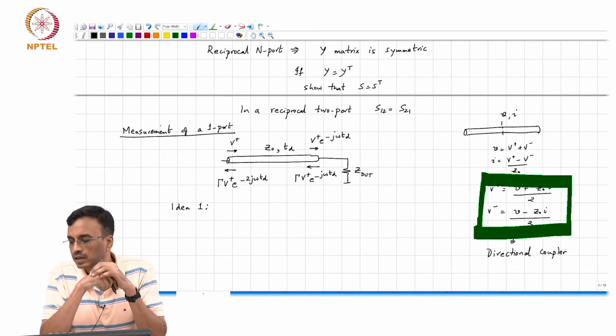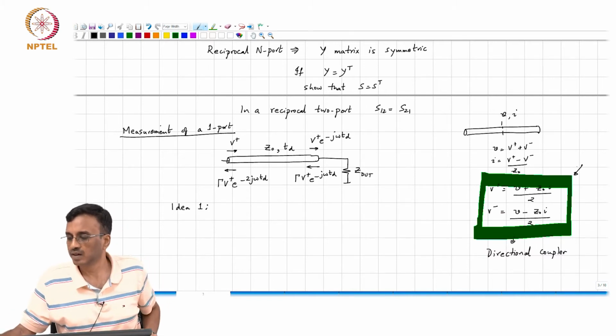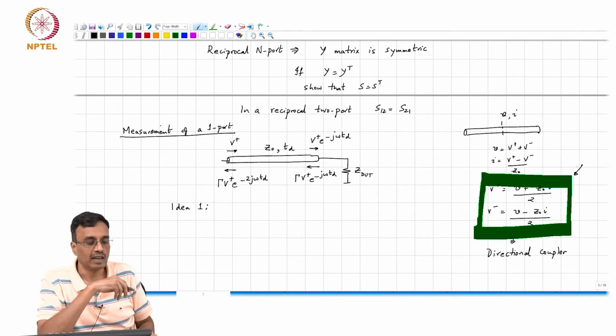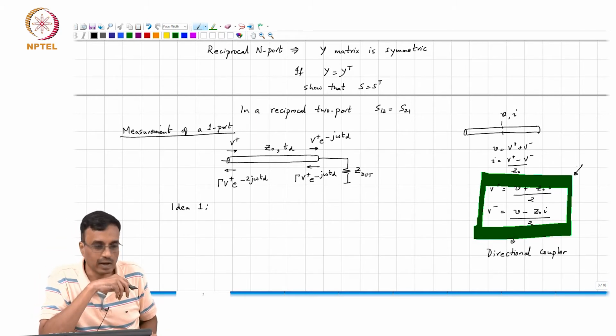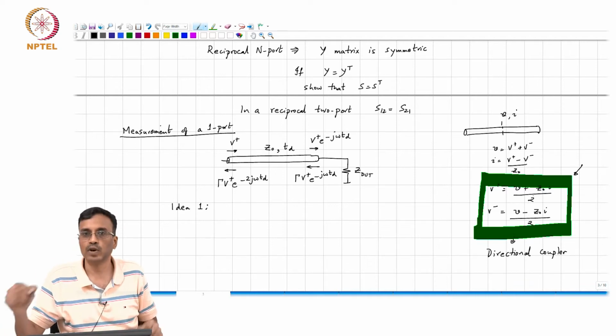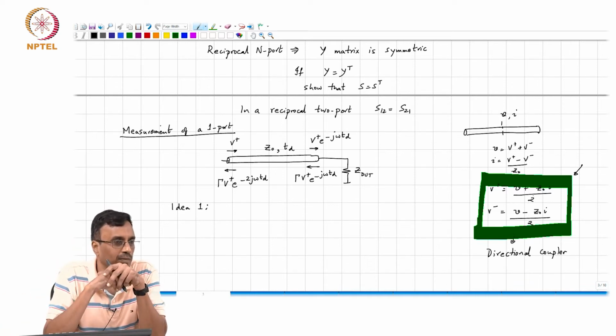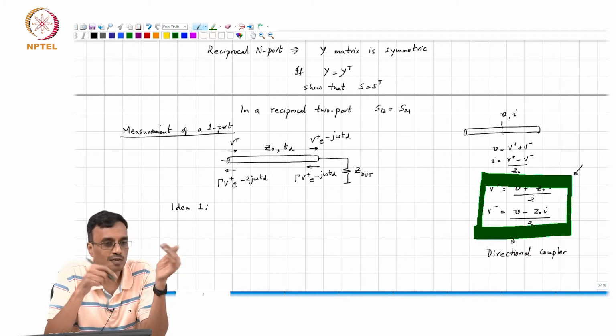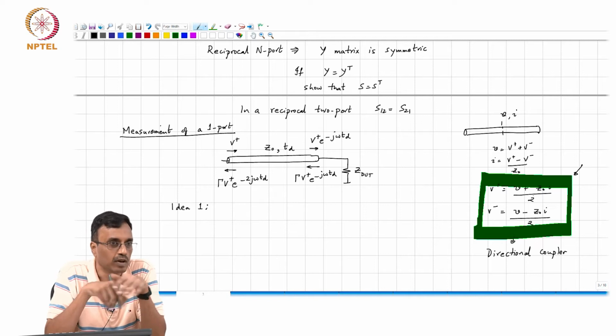From a 10,000 meter view, what it is essentially doing is computing (V plus Z naught times I) by 2 and (V minus Z naught times I) by 2, except that there is no calculator. It uses Maxwell's equations to do this computation.